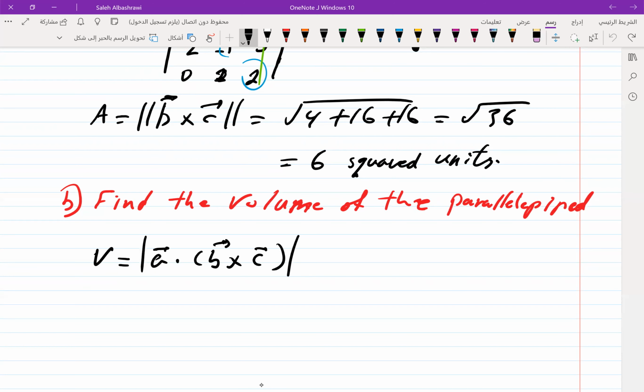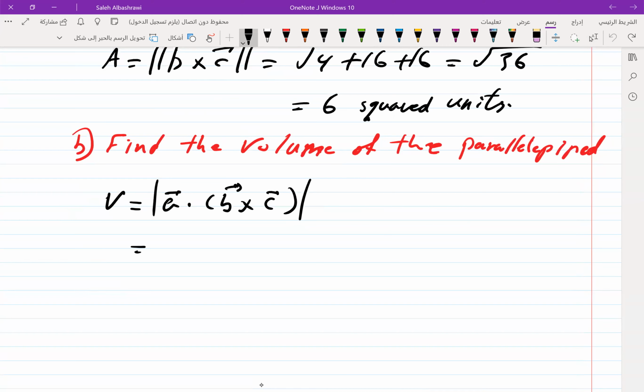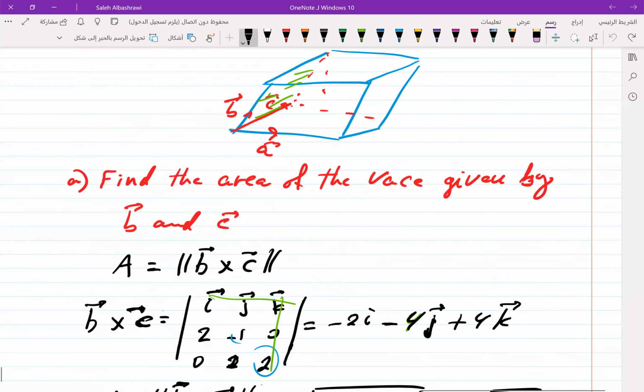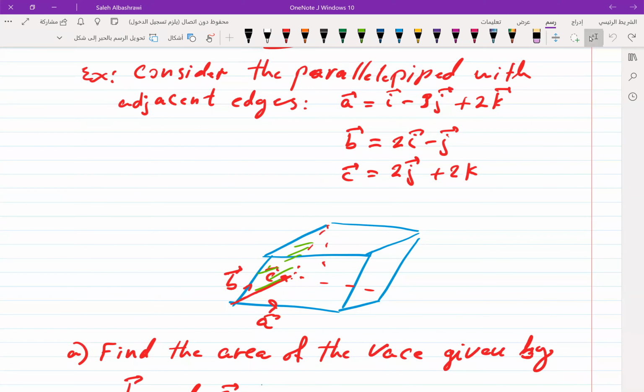Now we have B cross C. So the volume is equal to the absolute value of A dot B cross C. A is given by 1, minus 3, and 2.